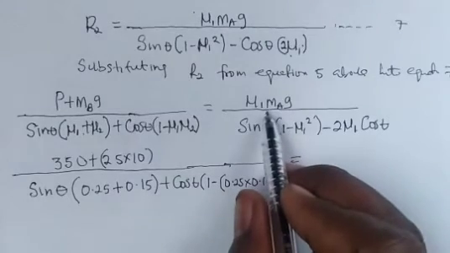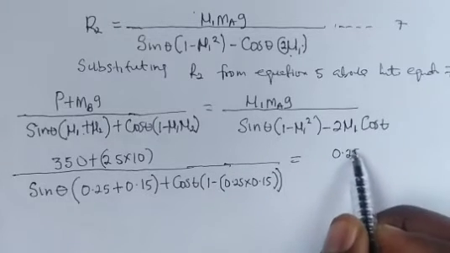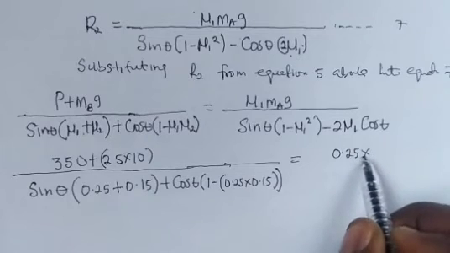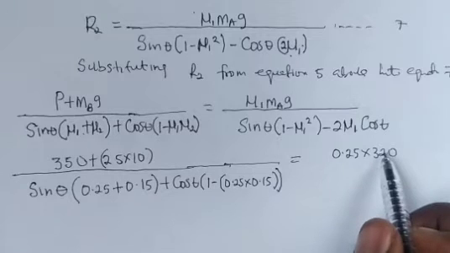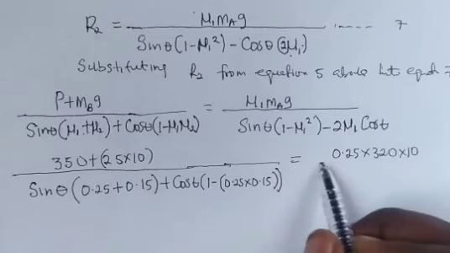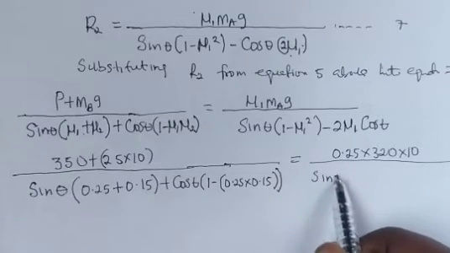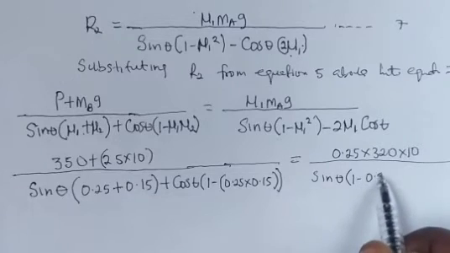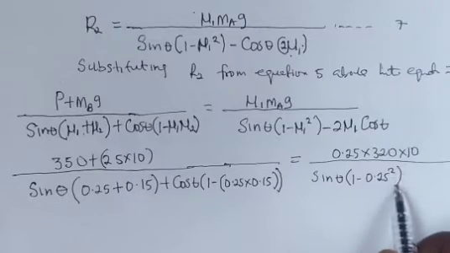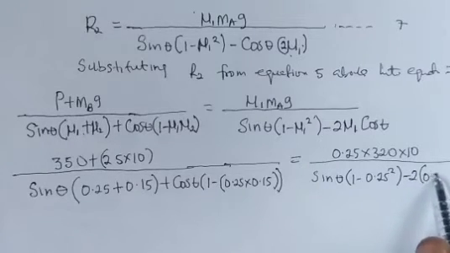equals, from here we have mu1, which is 0.25, times the mass of A, which is 320, times gravity, which is 10, all over sine theta bracket 1 minus mu1, which is 0.25, squared, close the bracket, minus 2 mu1, 0.25, cos theta.